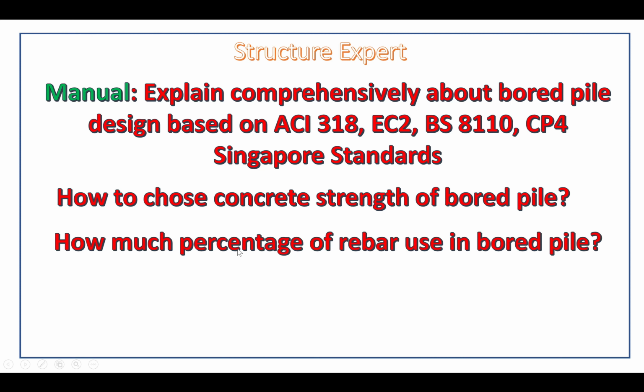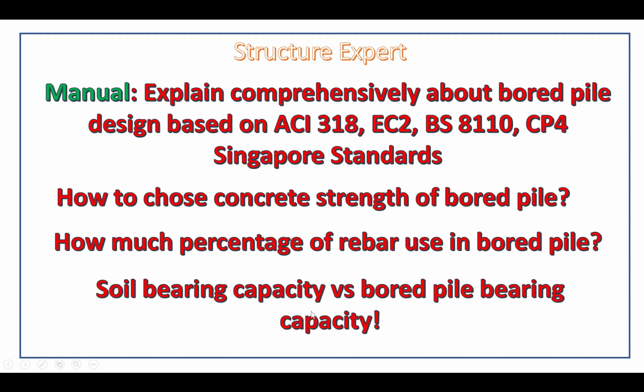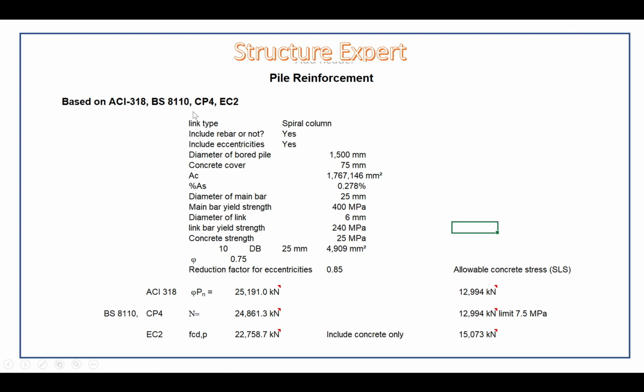Okay, and we also talk in more detail about rebar in the wall pile, and the load and the condition that controls our design of the soil bearing of the wall pile. And this is an example of our calculation based on different codes. You see here, this is the summarized result as I combined it in a single sheet.